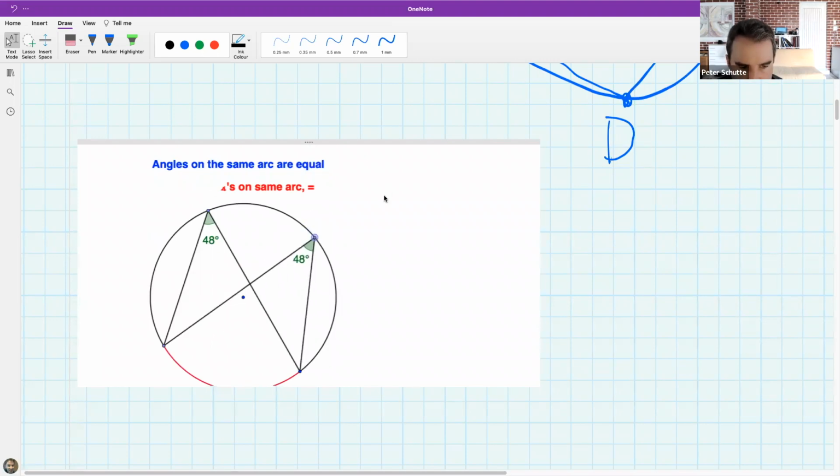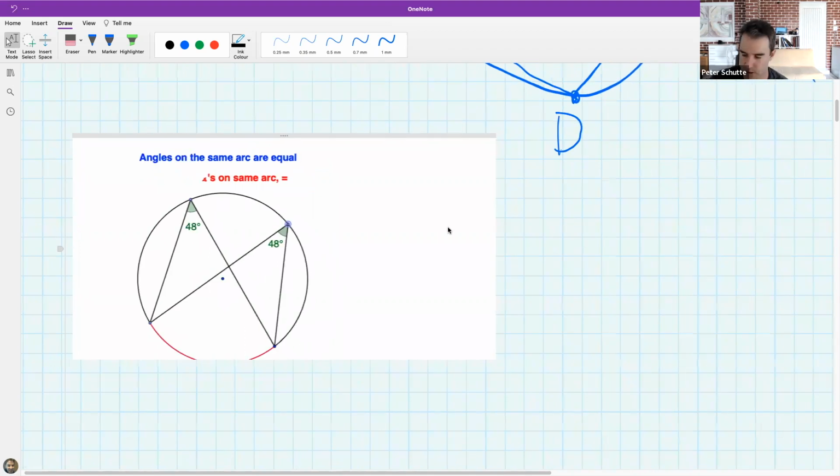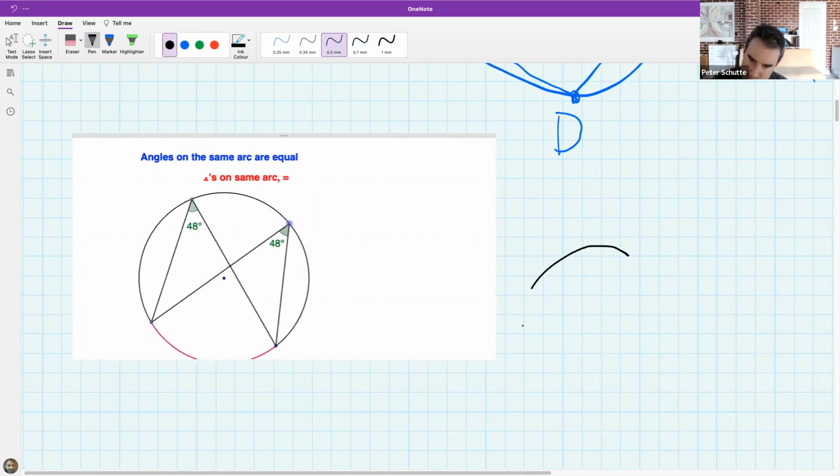So just take a moment to look for the red line. If you look at the red line at the bottom, so let me draw a circle. And let me draw this red line at the bottom, which the shape is trying to show you.